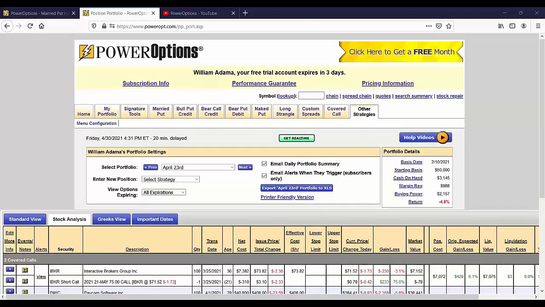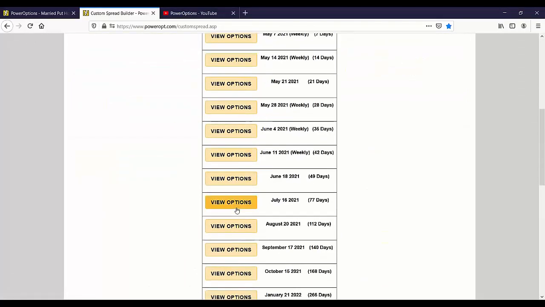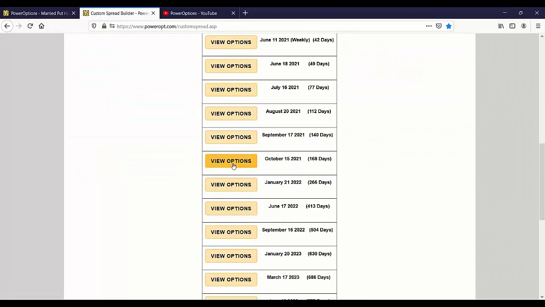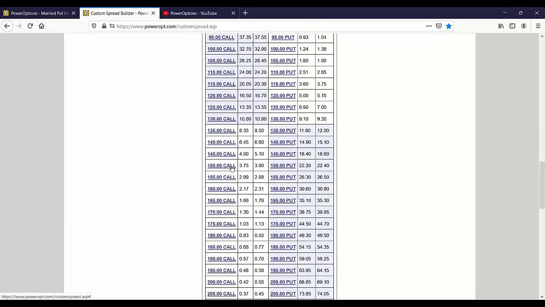If you're worried about theta and now your LEAP is going into the 6-month zone, say you bought a LEAP a year ago. Let's just use October, which is close to 6 months away. So let's say last year we bought in October.